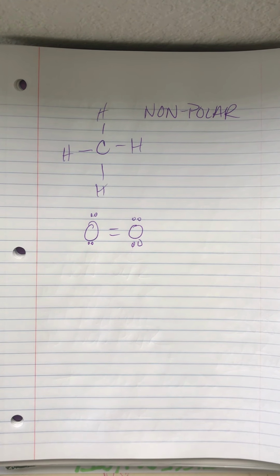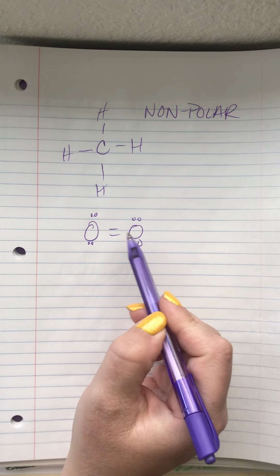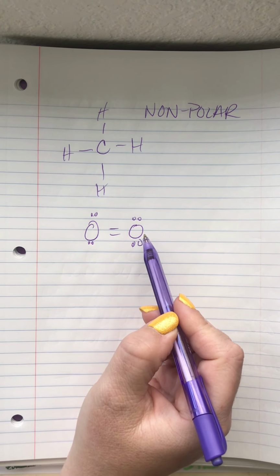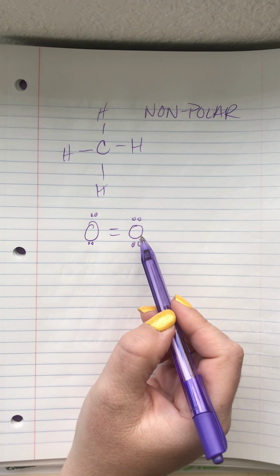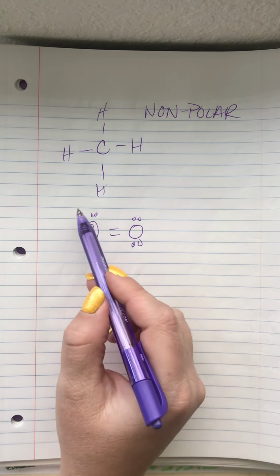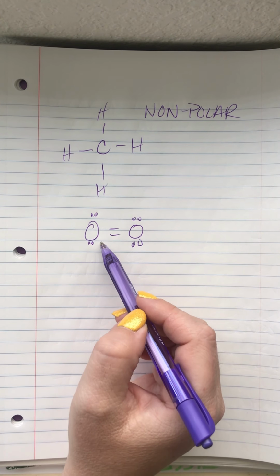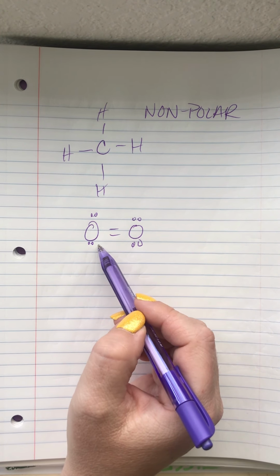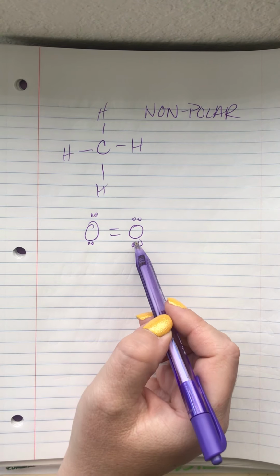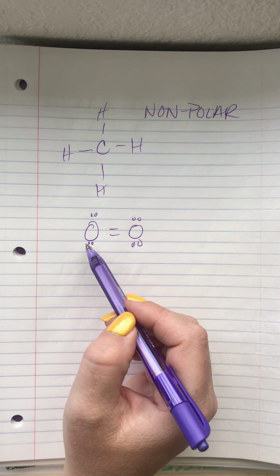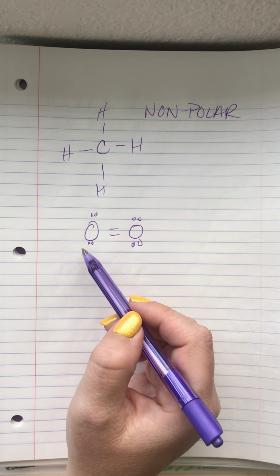Oxygen, right? So oxygen and all the other diatomics just have bonds with themselves, right? Anytime you have something bonded to itself, the electronegativity difference is 0, right? This means that they're equally sharing. Even though oxygen is very electronegative, when it's bonded to itself, it doesn't have any difference in electronegativity, right?